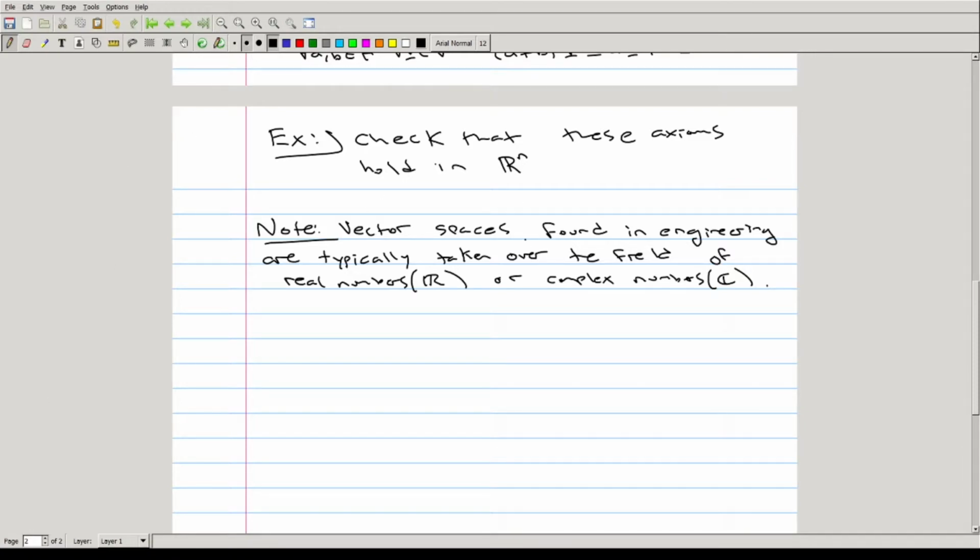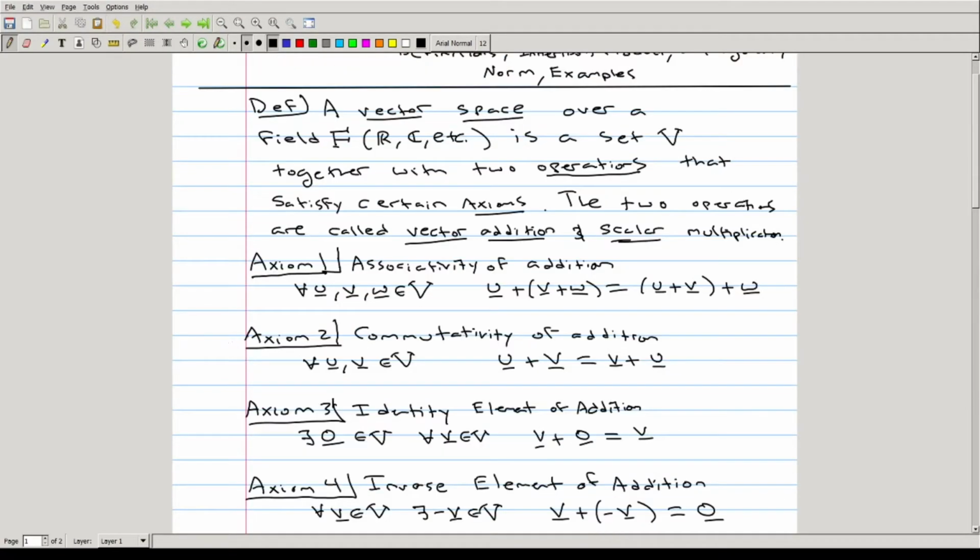Rn or Cn are both finite dimensional vector spaces, but we can view these spaces in a more general manner. And notice that when we define the vector space here, we don't actually specify the dimension of the space.